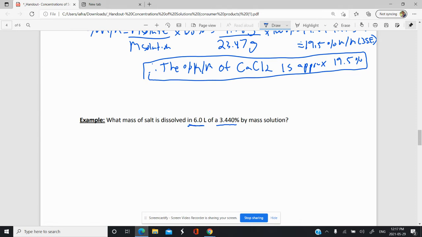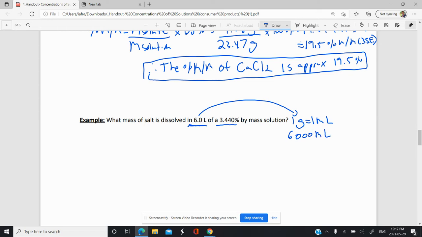So this is an aqueous solution here. It's dissolved in water, in other words. What this means, remember, is that for water, the density is 1 gram is equal to 1 milliliter. Now, 6.0 liters is 6,000 mLs.